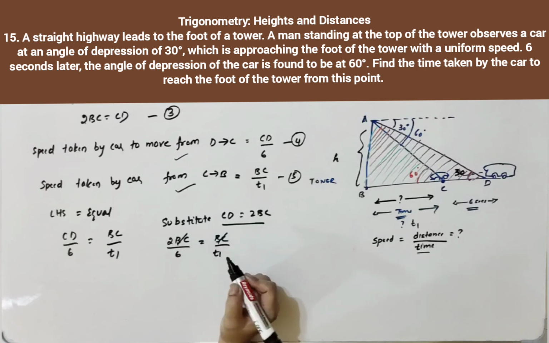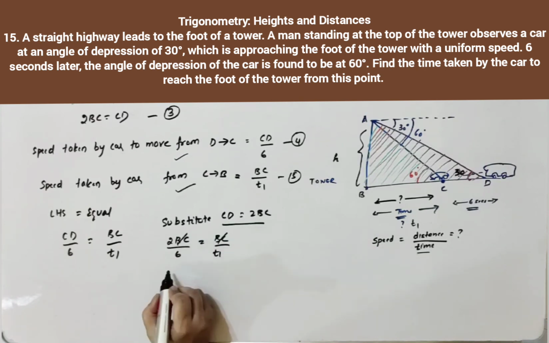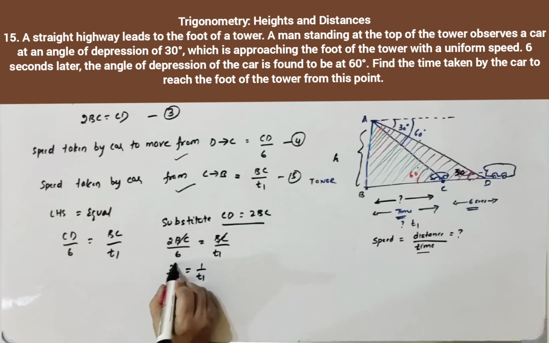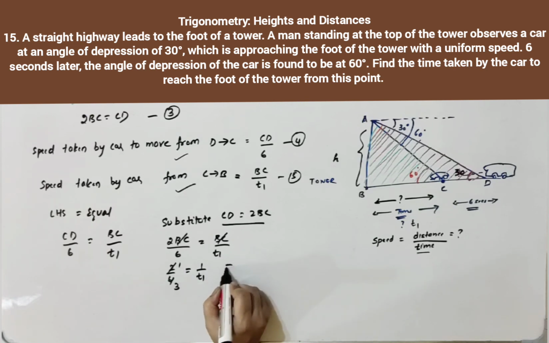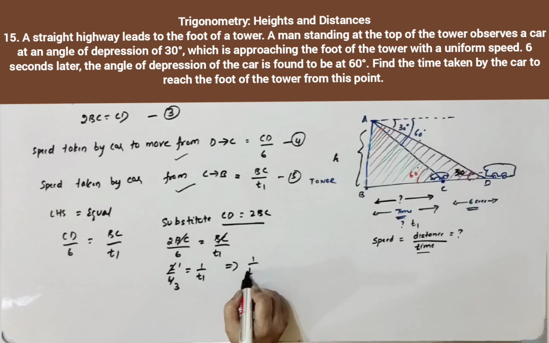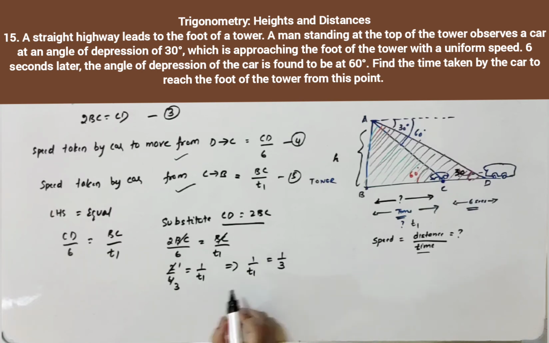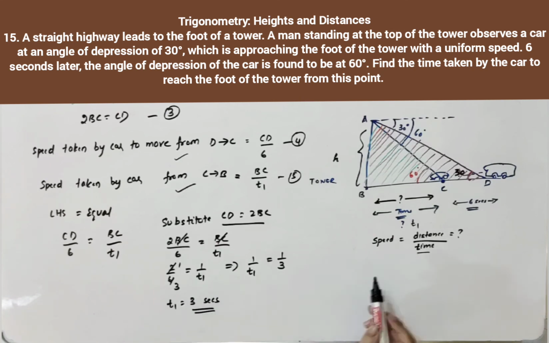BC here and BC here will get cancelled. We'll be left with 2 by 6 is equal to 1 by T1. This will get cancelled, so we'll get 1 by T1 is equal to 1 by 3. This is nothing but T1 is equal to 3 seconds. So the time taken to travel by the car from C to B is 3 seconds.